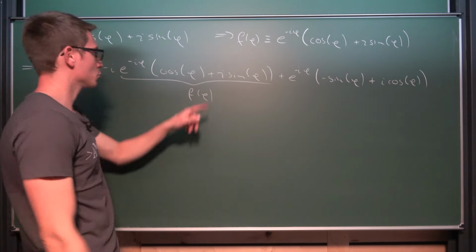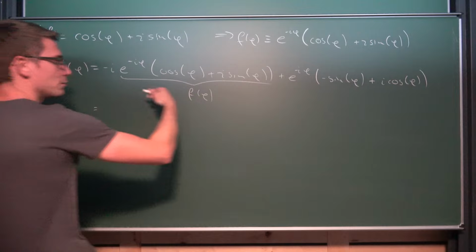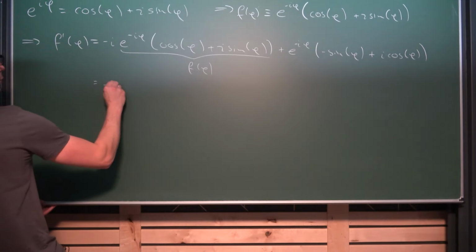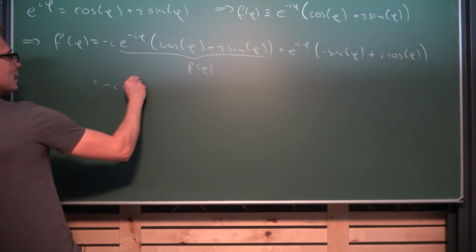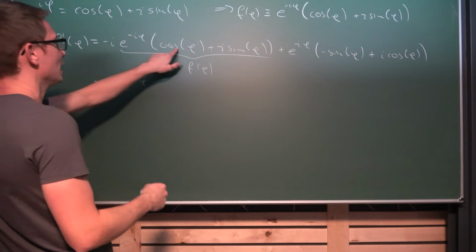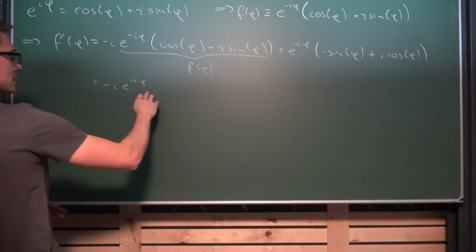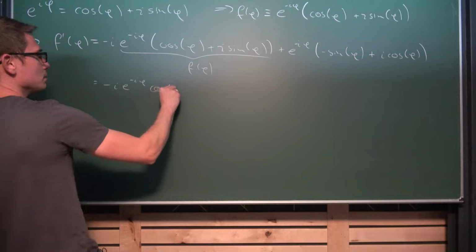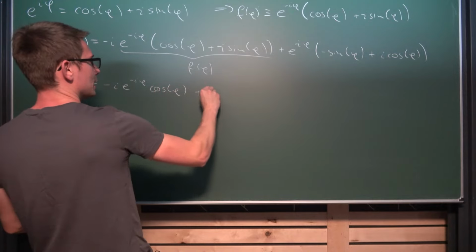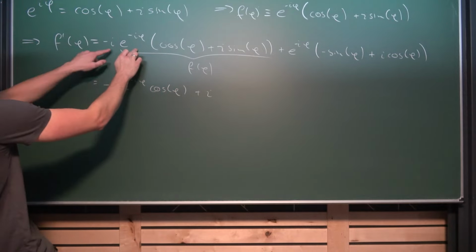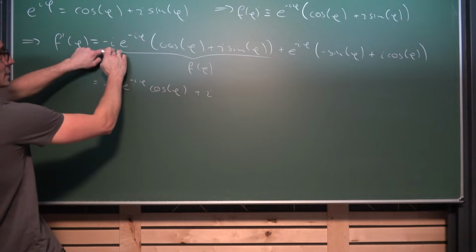And if we just write everything out once again, just multiply everything into everything, what we are going to be left with is negative i times e to the negative i phi, and then the cosine of phi here. And then plus i times, okay, now i times i is going to be negative 1.